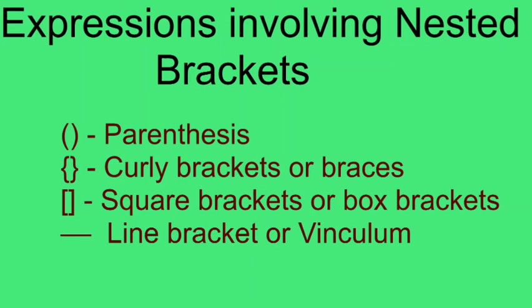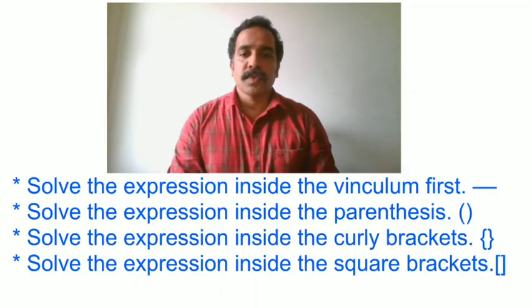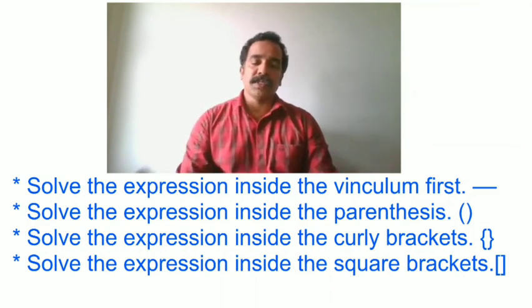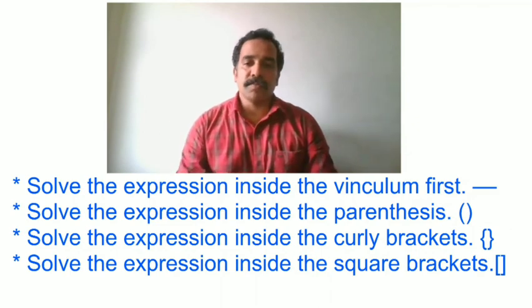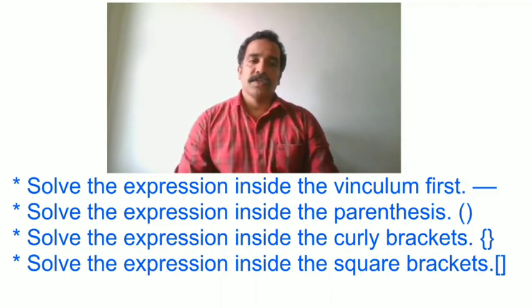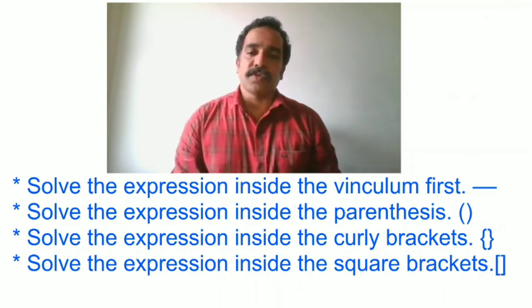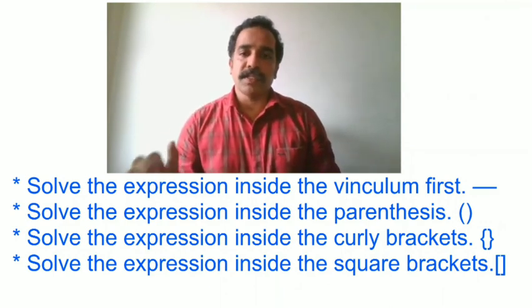Now let us see in which order these brackets we have to simplify. Solve the expression inside the vinculum first. Vinculum means the line bracket. What comes inside the vinculum, that you have to do first. So vinculum is the first bracket we have to solve. Then second, parenthesis.